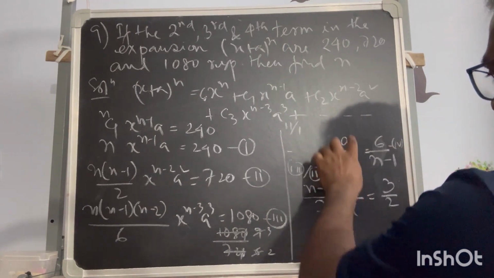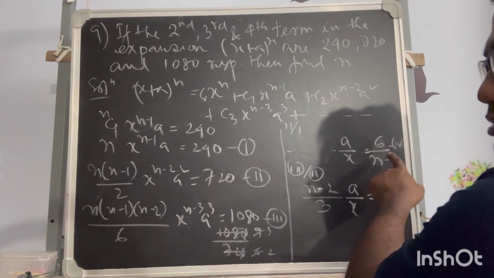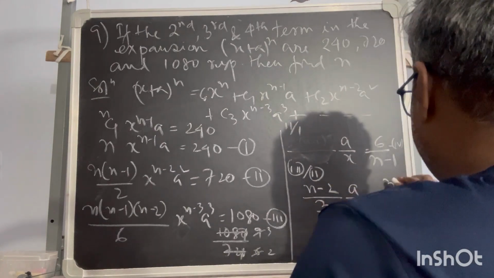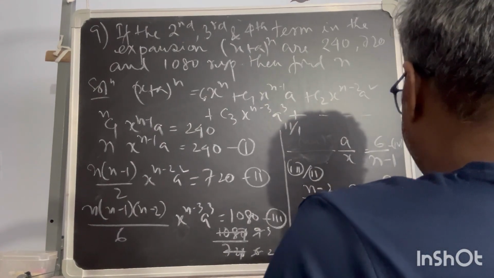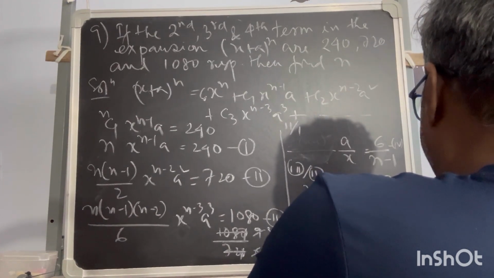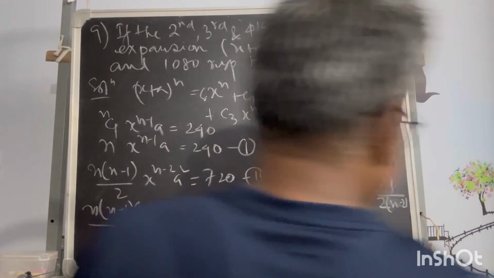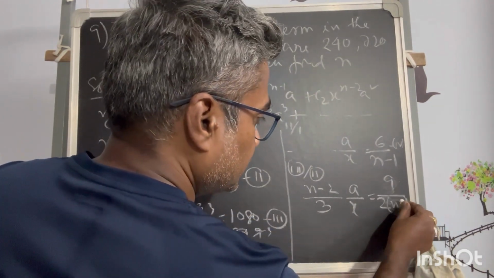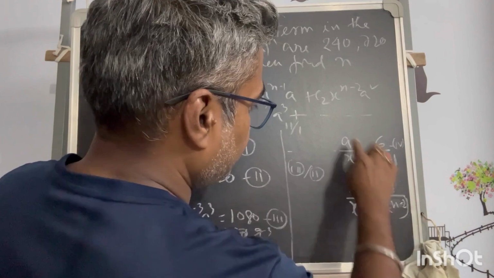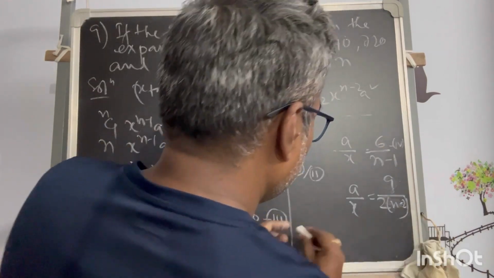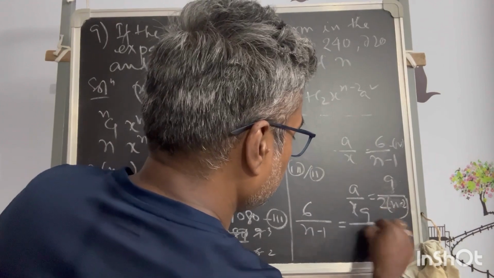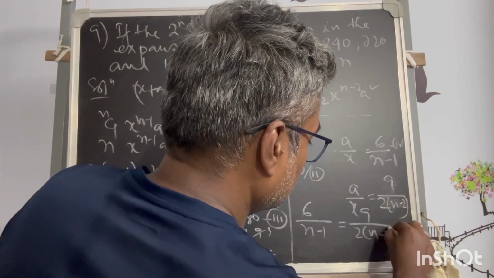If I want to equalize this, the remaining thing has to be transferred to the right hand side. Similarly, n will go up, so this will give you 9, and this n minus 2 will go there, so this is 2 into n minus 2. Now both sides a by x I can equalize. So if I equalize, I will get 6 into n minus 1 is equal to 9 into n minus 2.